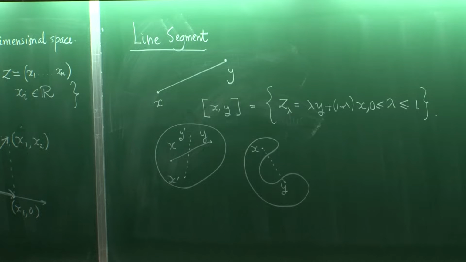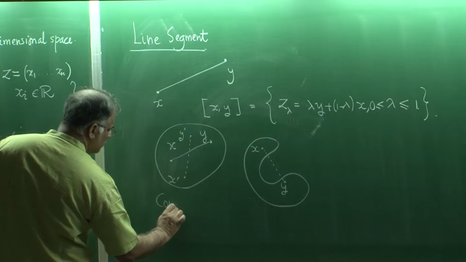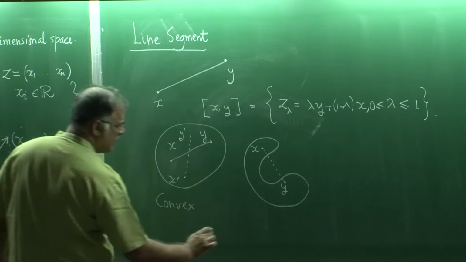Human body is a non-convex set. So, this set is a convex set and this is non-convex.